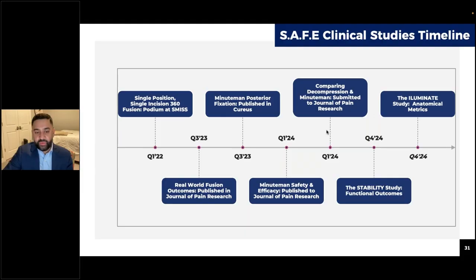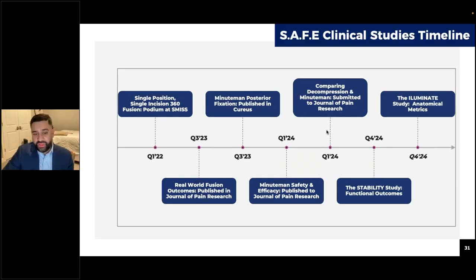The first one came out in Q1 of 2022, and it was a podium presentation at SMISS. It was just about a 360 fusion, right? So it was about the utilization of this therapy in a 360 fashion for lumbar fusion.